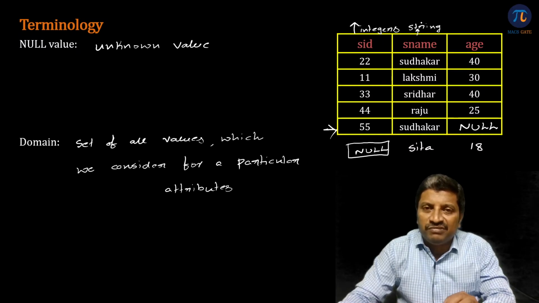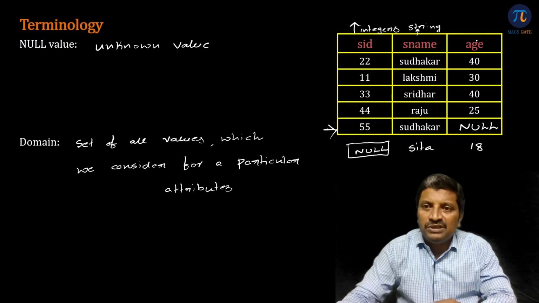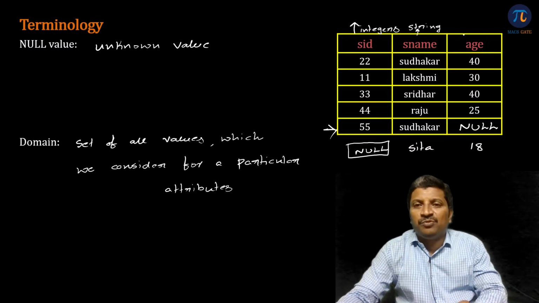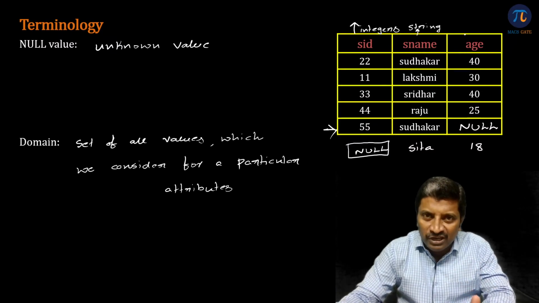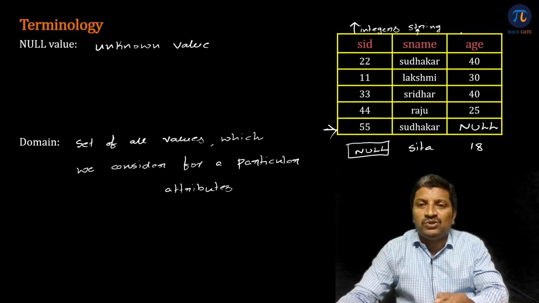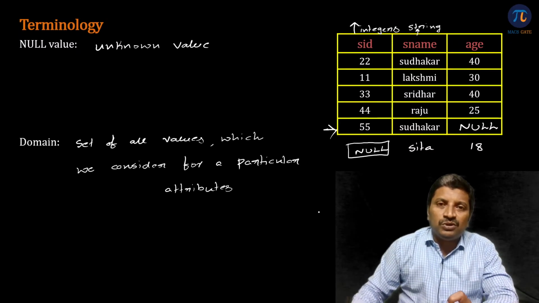Then the collection of English strings is my domain for the attribute SName. Similarly, age. So whenever we create the table, we mention the table name and the attribute names and the domain from which we can allow the values to be placed in the particular entries. So that is about domain.